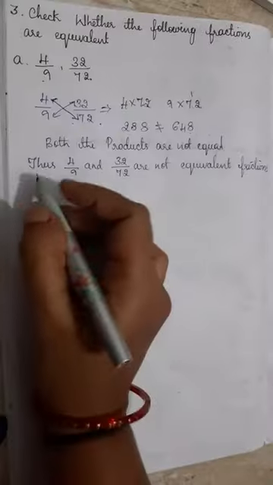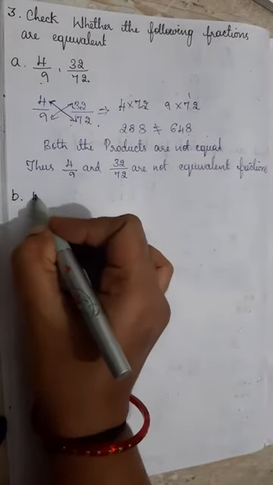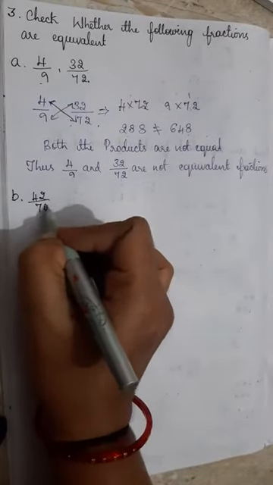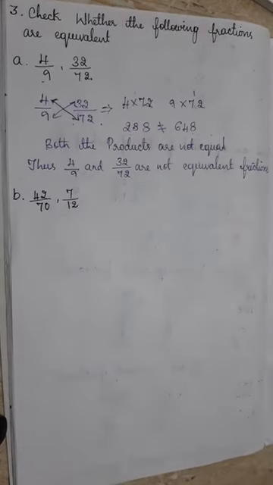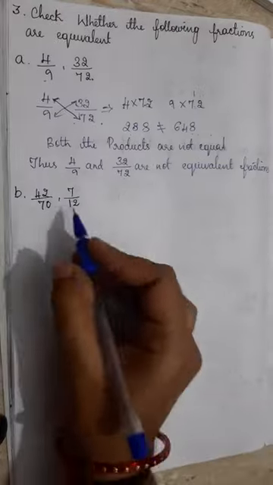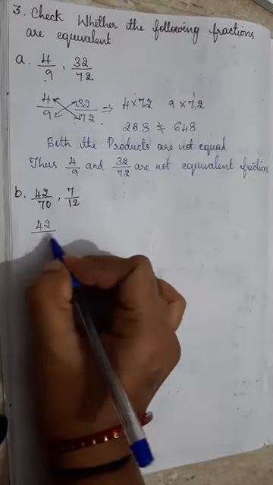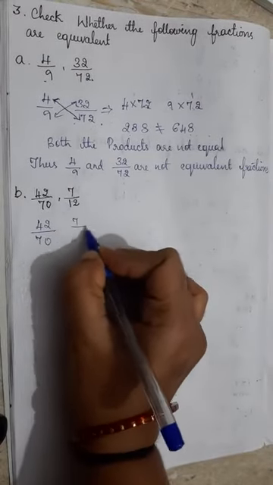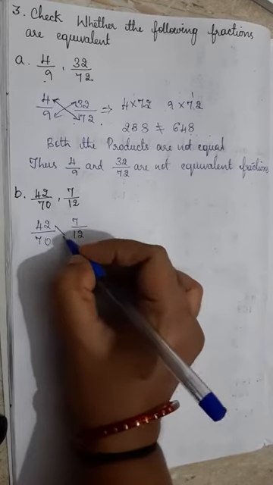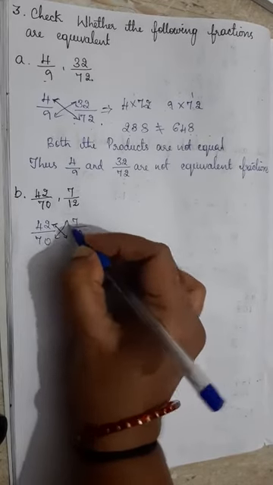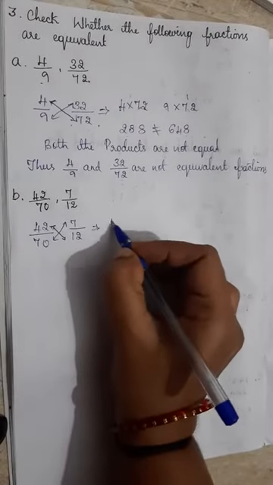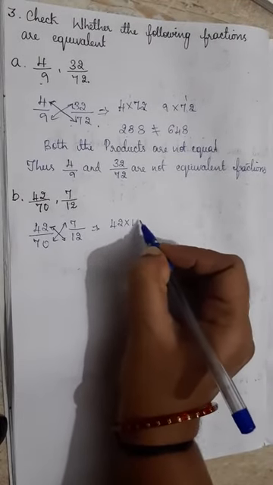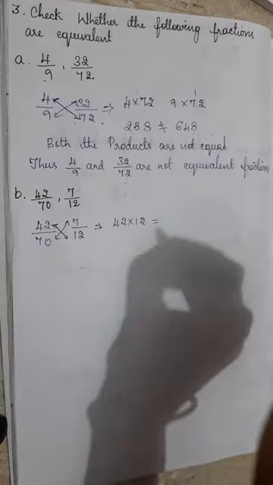I'll take B1, 42 by 70, 7 by 12. So what is the first step? I should cross multiply. 42 by 70 and 7 by 12, I should do cross multiplication. See, 42 into 12 is equal to how much?